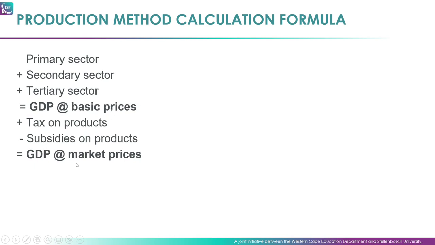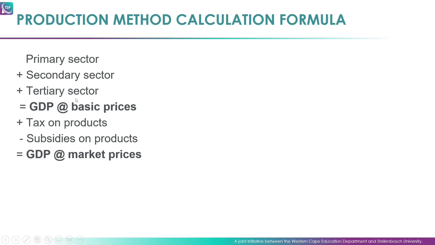Now, besides knowing the layout as it is here, you also have to understand what is meant by the term GDP at basic price and what is meant by the term GDP at market price. Here is the extraction of the raw material, here is the processing of that raw material, and here we have the finished product.